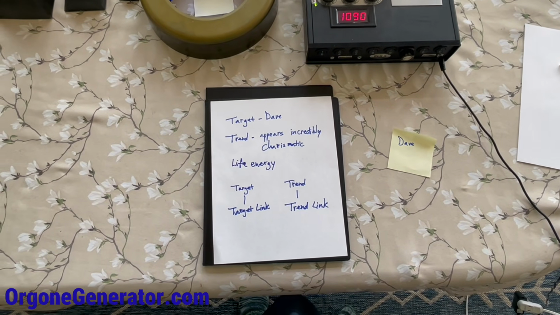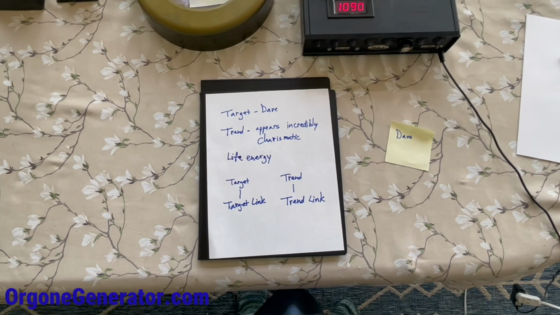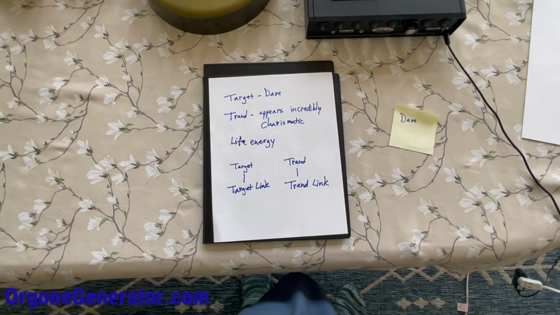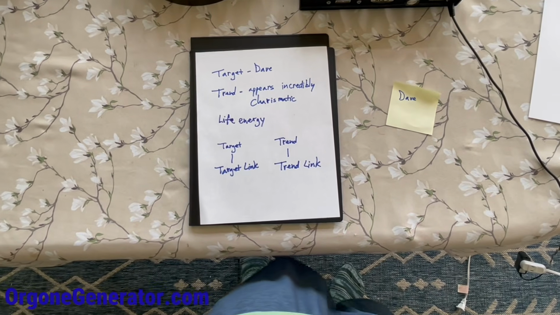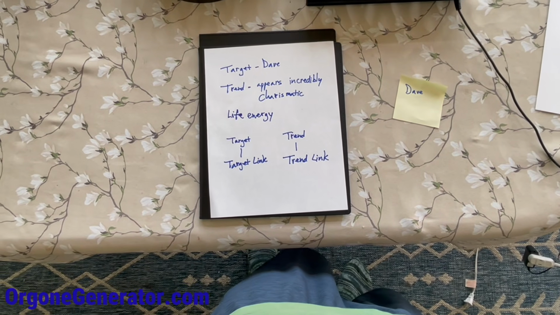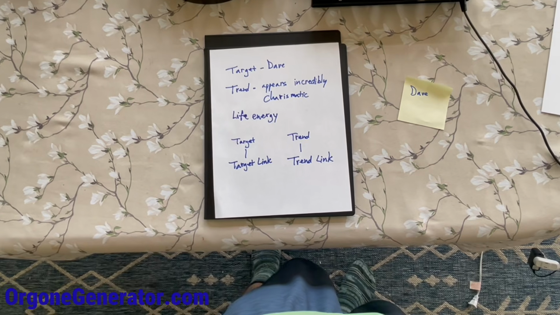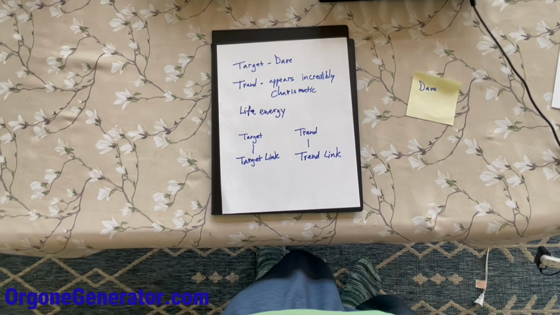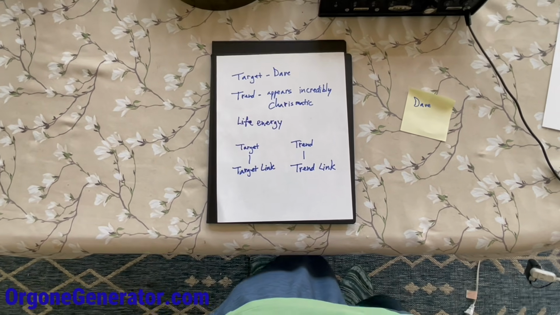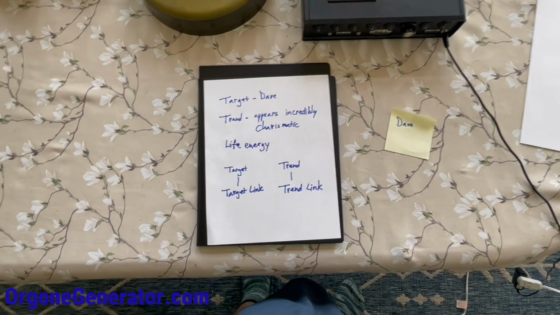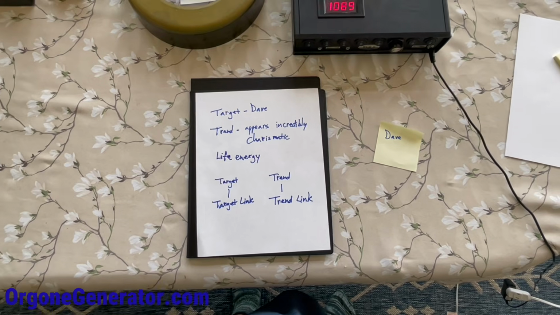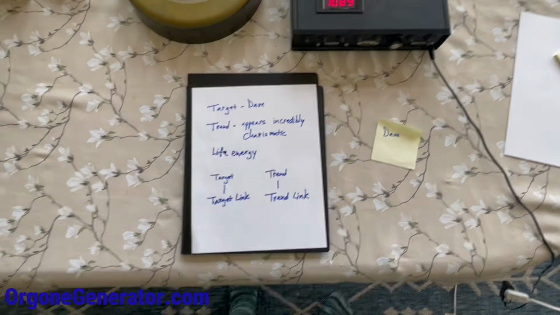So that's your trend link, and if you go into more magical type practices, your trend link might be some sort of ritual. And again, ritual, I'll talk more about this in another video because I think it's really interesting. Ritual is just a way to channel life energy as well. And potentially becomes a source of life energy, but I'll talk about that in another video.